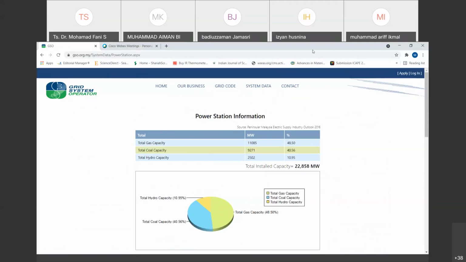For example, in Peninsular Malaysia, the total installed capacity is 22,858 megawatts. The maximum demand is something like 18,800 megawatts just now. So how many percent is the reserve compared to the total installed capacity?